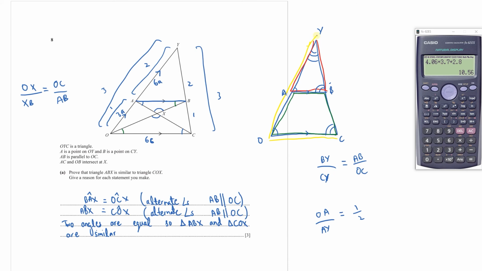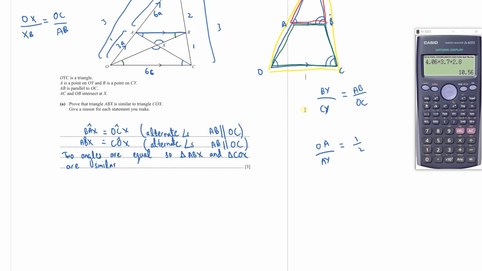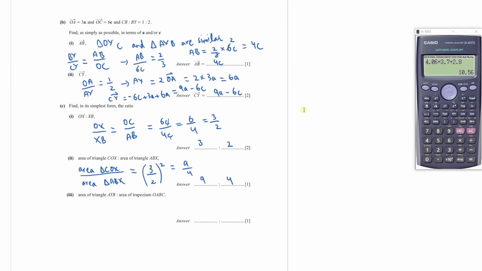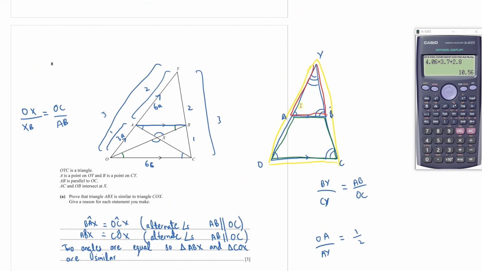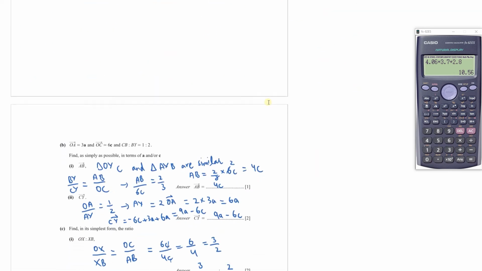So I can calculate the ratio of their areas, and then from this yellow triangle I can subtract this red triangle, which will give me the area of this green trapezium here, right? So let's do that. Let's first find the ratio of the areas of the two triangles AYB and OYC.